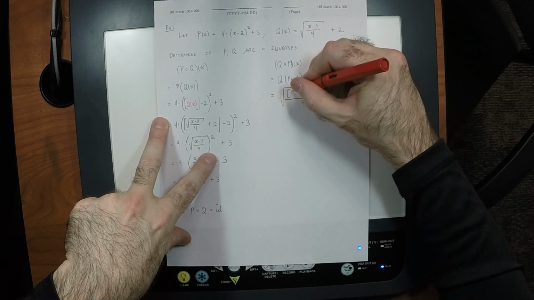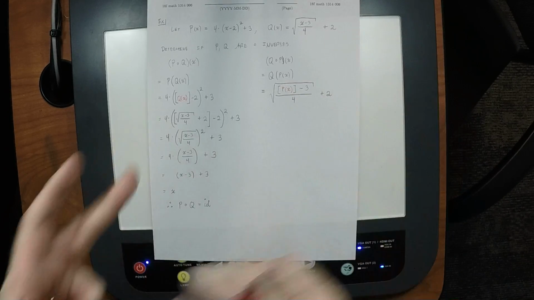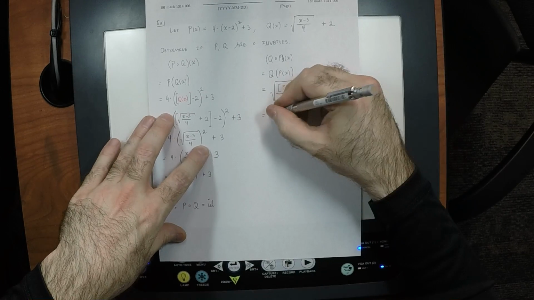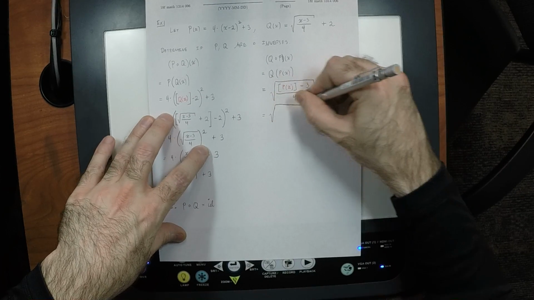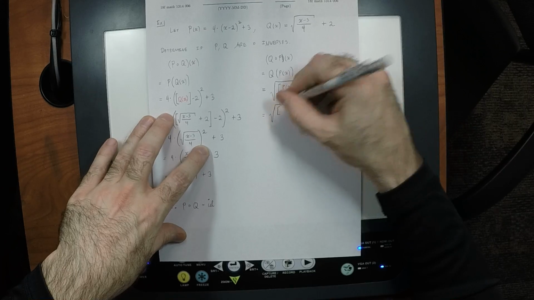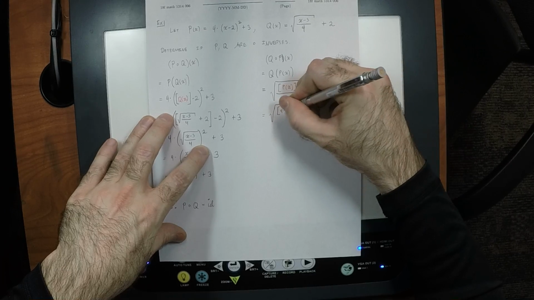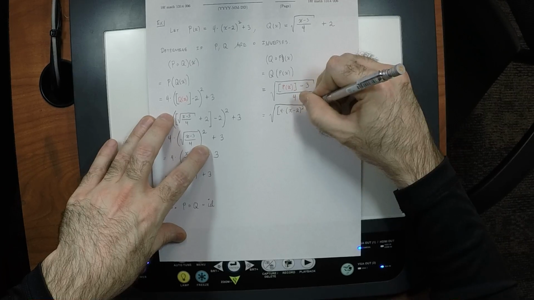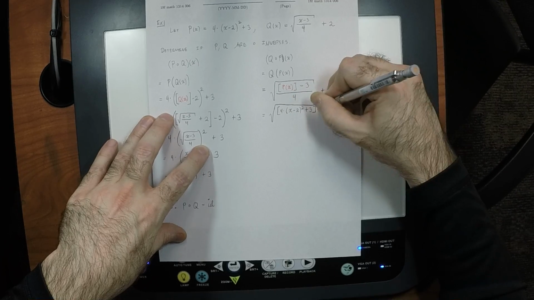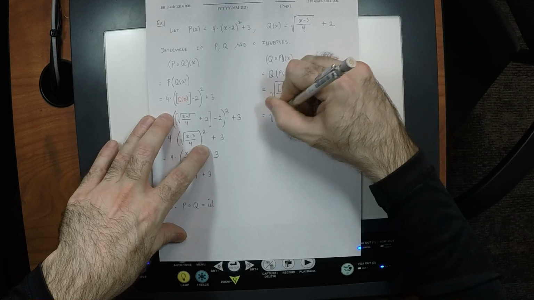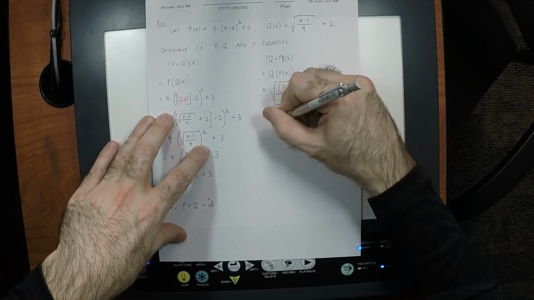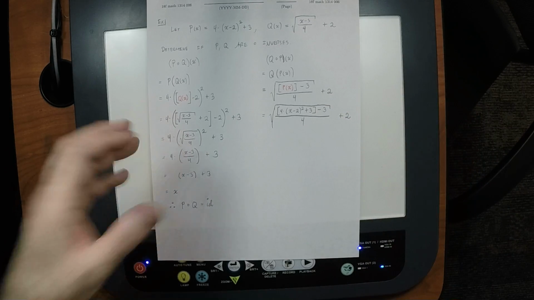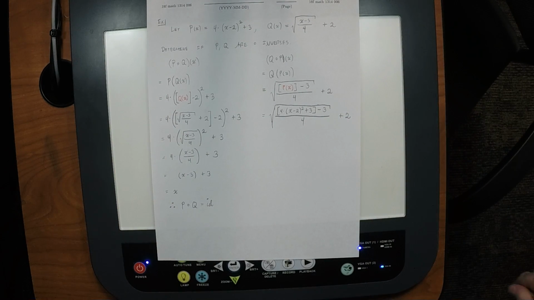P of x. So this would be square root. All right, so then what goes in here is 4 x minus 2, square that, add 3, close the square parentheses, subtract 3, over 4, add 2.